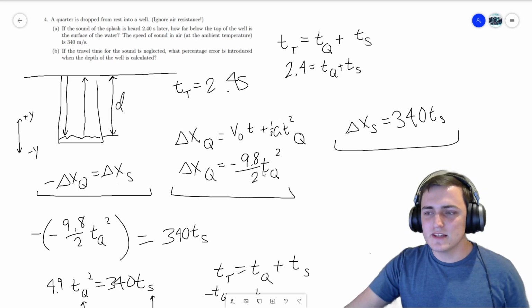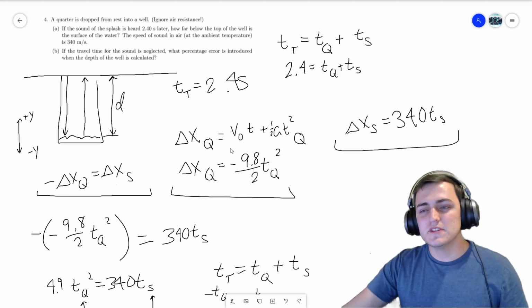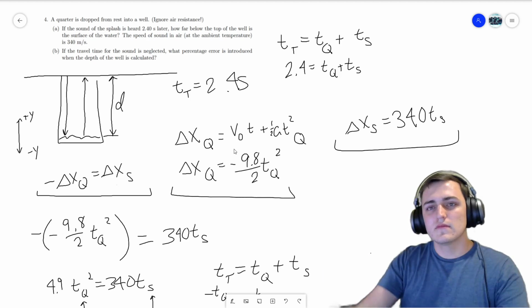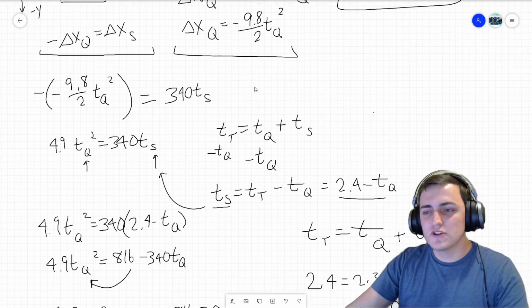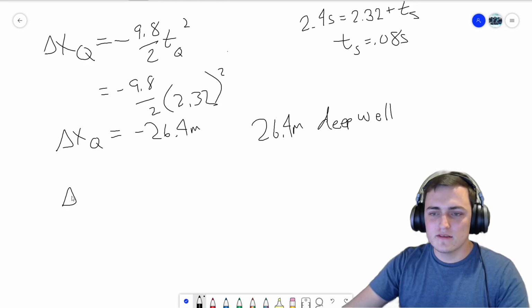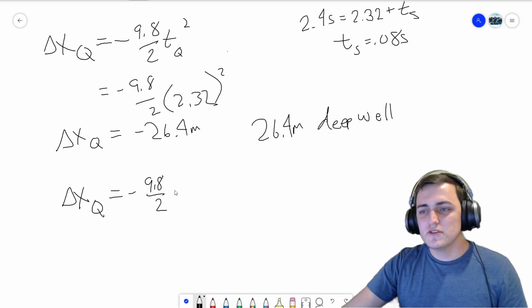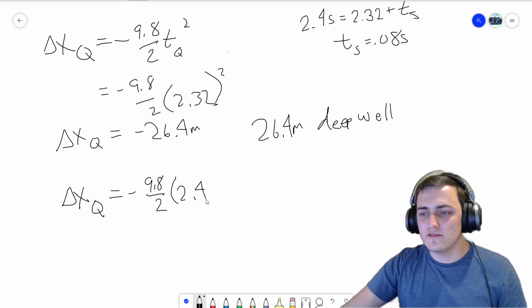So what that really means is if time of Q changes to the full 2.4 seconds, we're probably going to get a different result than when we use 2.32. So we're just going to directly use that equation again. Delta x sub q equals negative 9.8 over 2. And instead of using 2.32, we're just going to use 2.4.